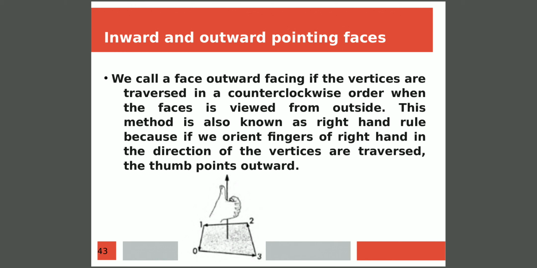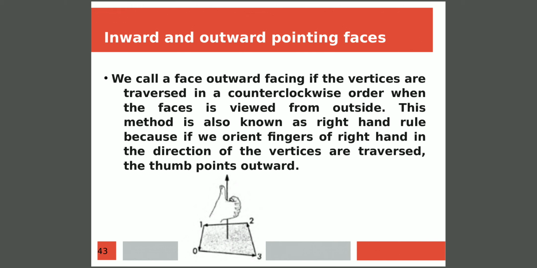Instead of specifying the vertices as 0, 1, 2, 3, if you specify the vertices as 0, 3, 2, 1, then such a face is known as an outward face. If you specify the vertices in the proper order like 0, 1, 2, 3, then such a face is nothing but an inward face. That is how you are able to differentiate between an outer face and an inner face.